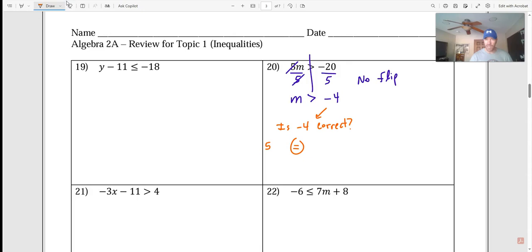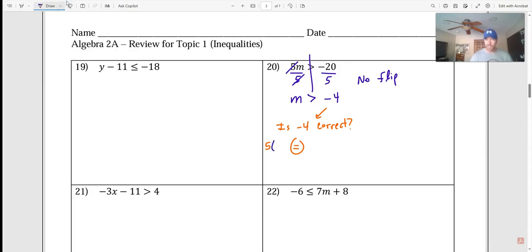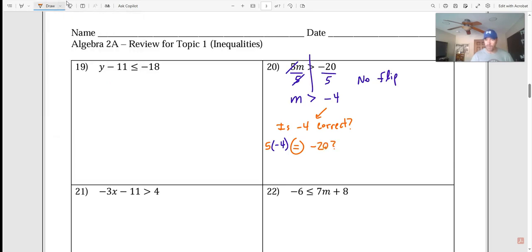So if we put a 5, and then if we use that negative 4 as the value, again, I know m is supposed to be greater than negative 4 according to my answer, but if we use a negative 4, does that equal negative 20? You bet it does. This is negative 20. Negative 20 is equal to negative 20. So is negative 4 correct? Yes, it is. It's the correct number. I like it. Instead of like subtracting 5, and I would have gotten a different answer, or dividing by a negative 5 or something.